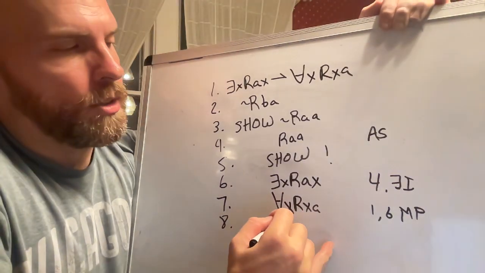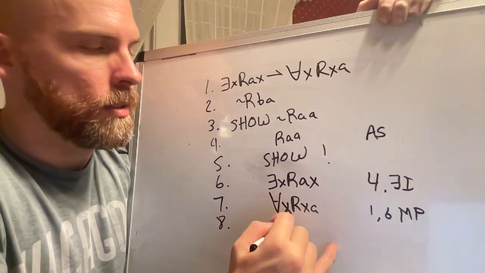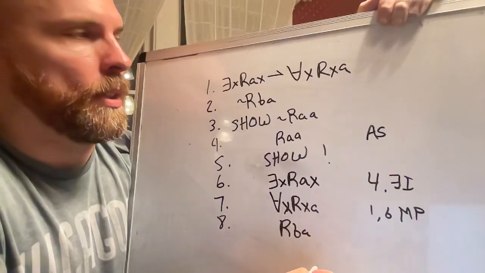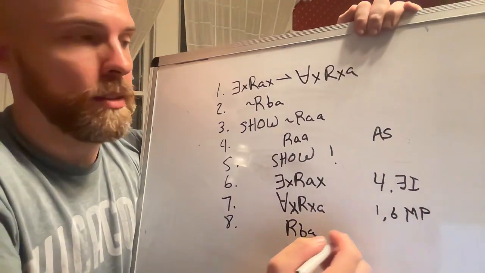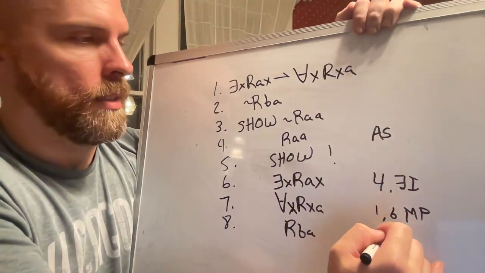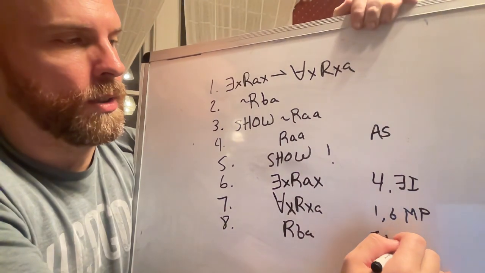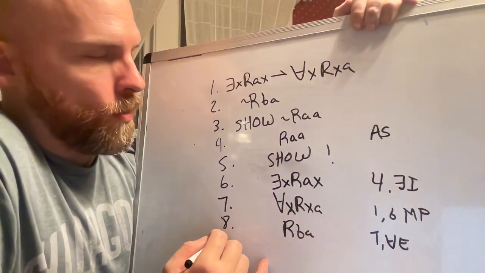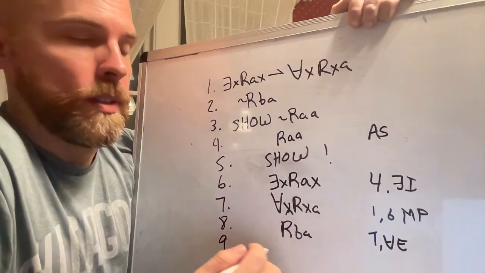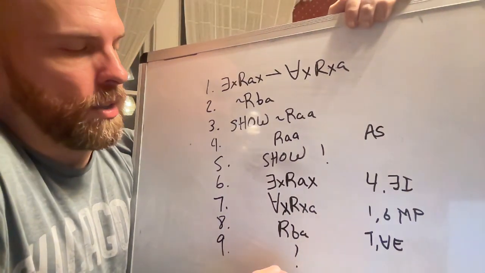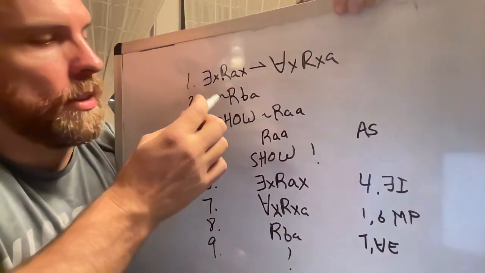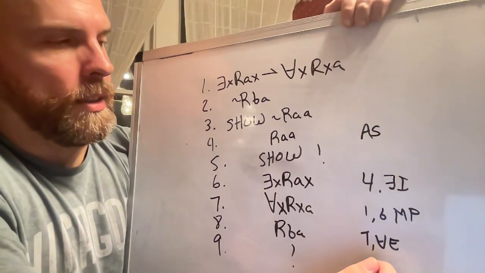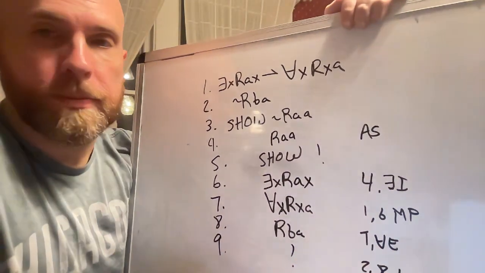Now I can drop off the x, instantiate that to b, because I can do that. That's from line 7, universal elimination. Why would I do such a crazy thing? Well, it's easy to see if I drop line 9 down and show that I've got a straight up contradiction, line 2 and line 8. Bang.